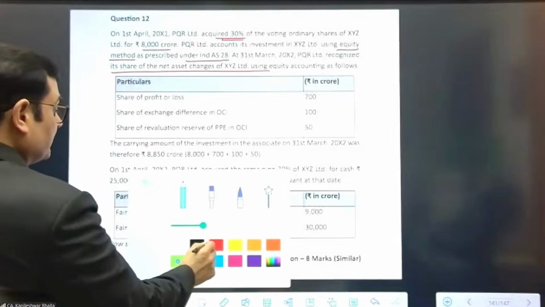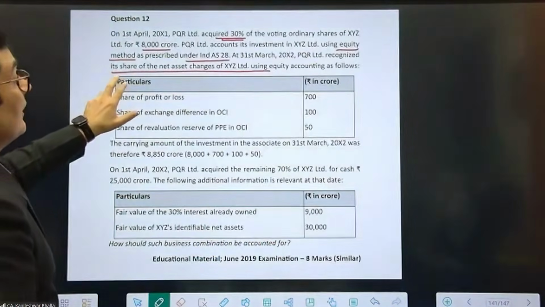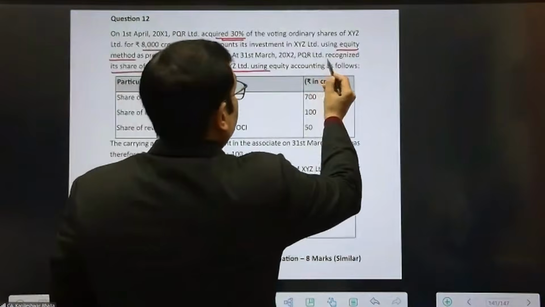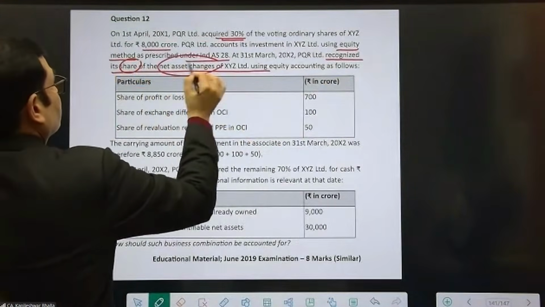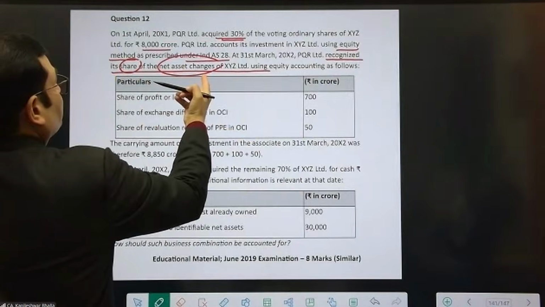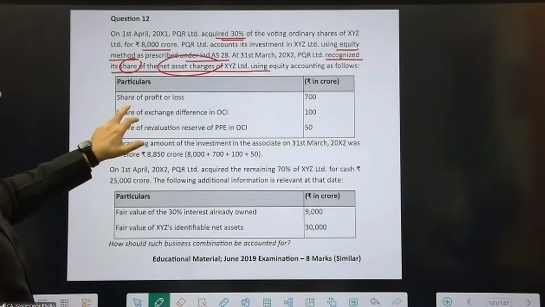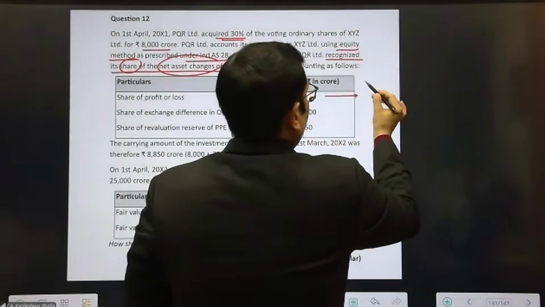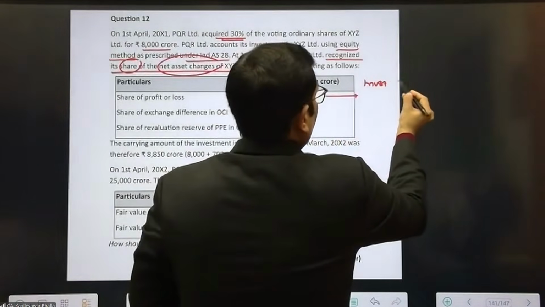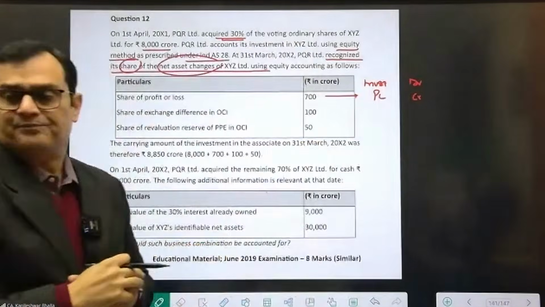So now it tells me the inputs at this stage. It says that PQR recognized its share in the net asset changes. As I said, you need to track the changes in the net assets and incorporate this in the accounting. This is the share in the profit or loss. So in this case, you would have done the entry, investment gets a debit and profit and loss gets a credit.